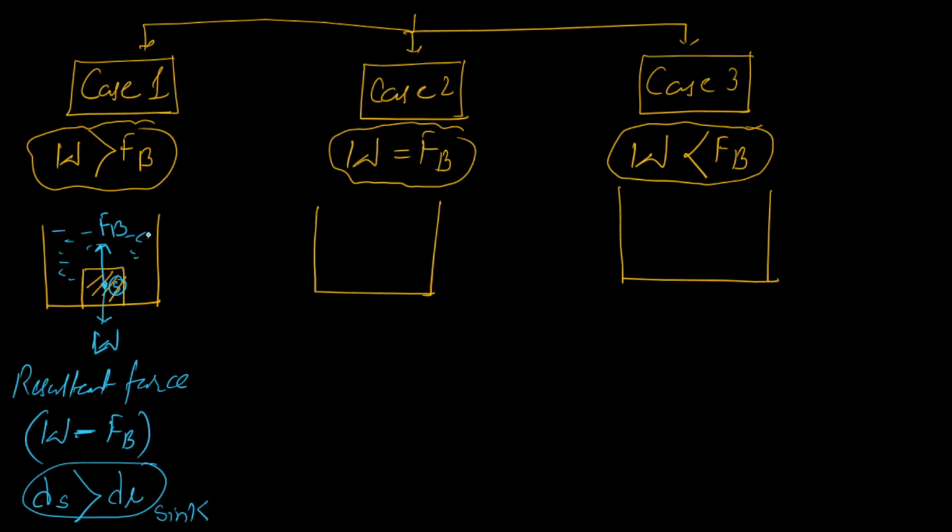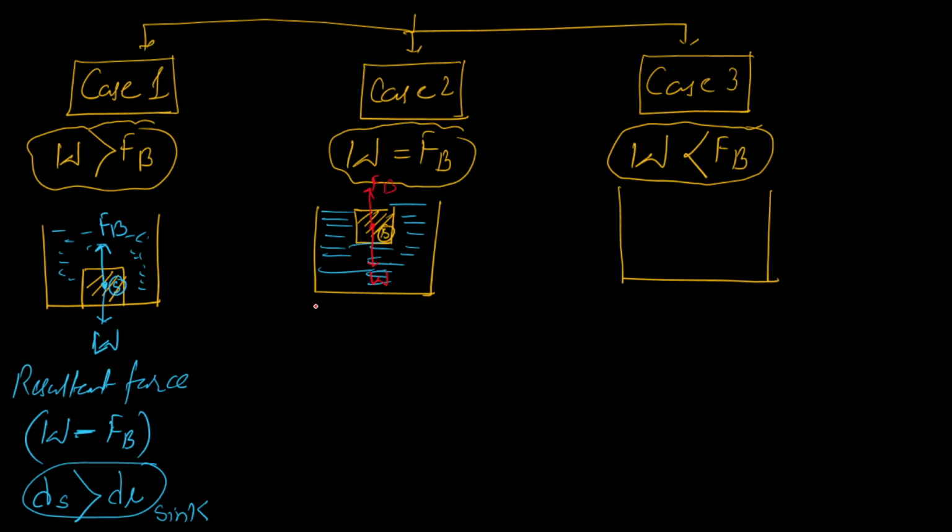Now here, in this case, for example, this one is your block, and the water is completely filled here, like this. So what you can observe in that condition is that the weight is going down and the buoyant force is going up.